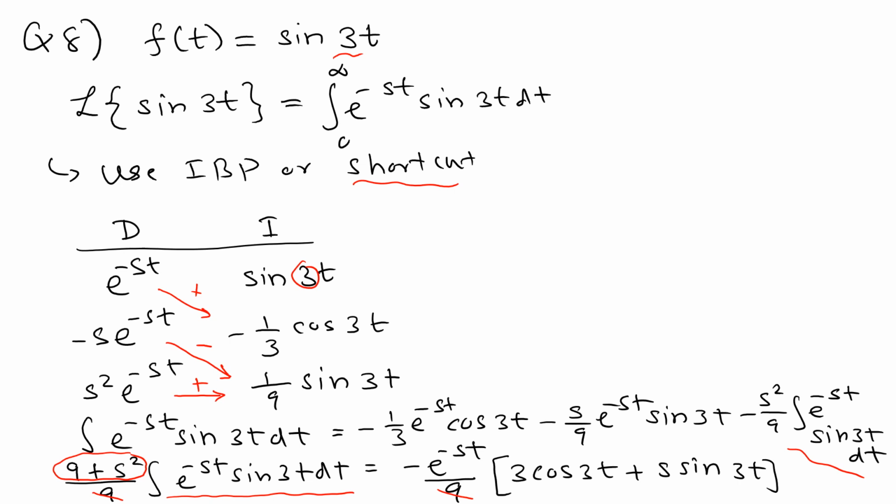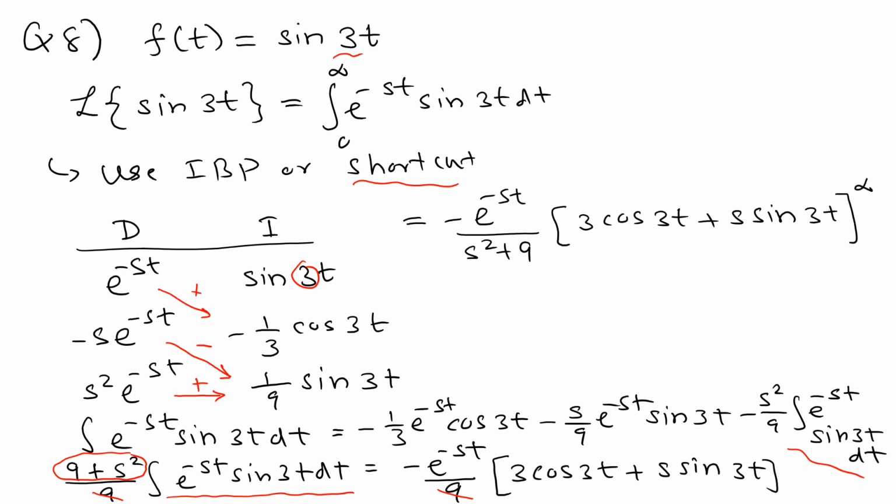So because of that, your integral is now the original integral, which is negative e^(-st), and in the denominator you're going to see that s squared plus 9 term because you divide both sides. And then we have here 3 cosine 3t plus s sine 3t. You can evaluate at infinity and 0.